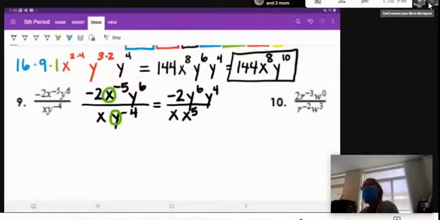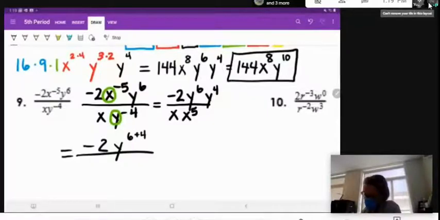All right, let's simplify. We've got some y's that are being multiplied together. They share the same base, so we're allowed to add our exponents. So we get -2 times y to the 6 plus 4. You don't have to write this step out. You can just add in your head. And then down at the bottom, something's happening here too.